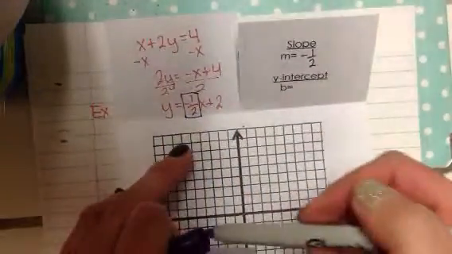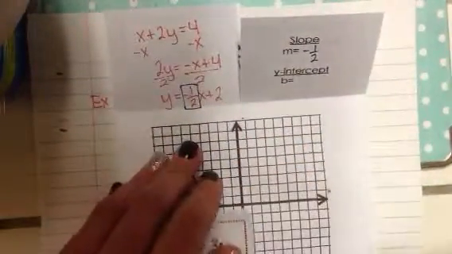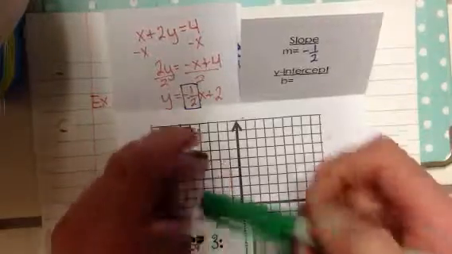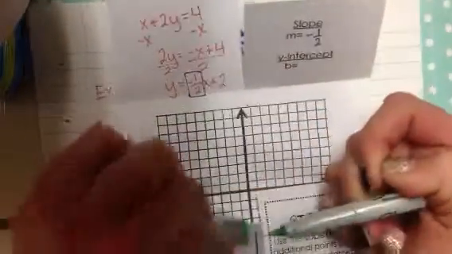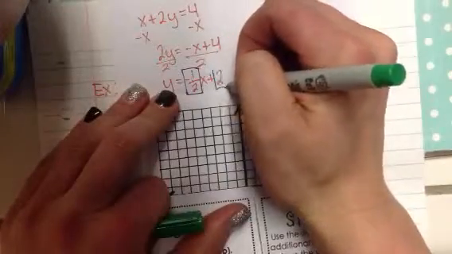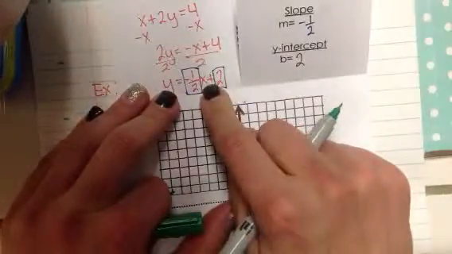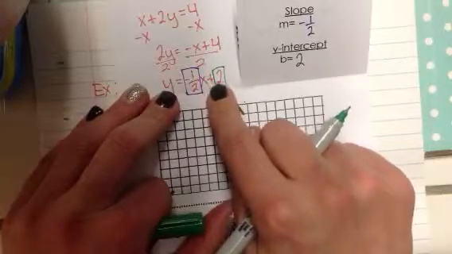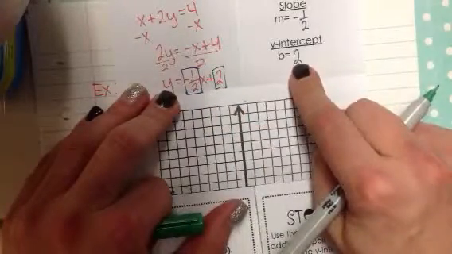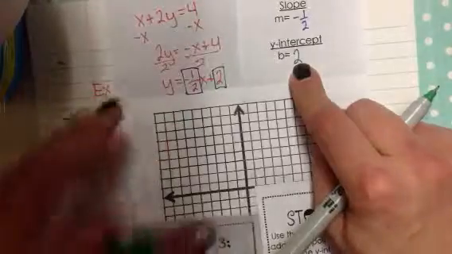Which part of this equation do you think is the b? Hopefully you said 2. The constant 2 is our b. Now this is a positive 2, so plus 2, our y-intercept becomes a positive 2.